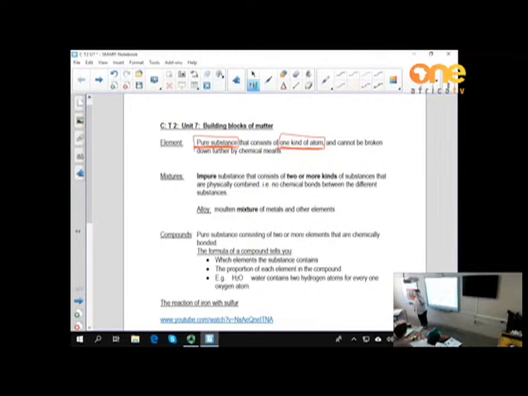So, technically speaking, when we talk about the particles that matter is made up of, we don't go to subatomic level. So we say that an element cannot be broken down by chemical means.